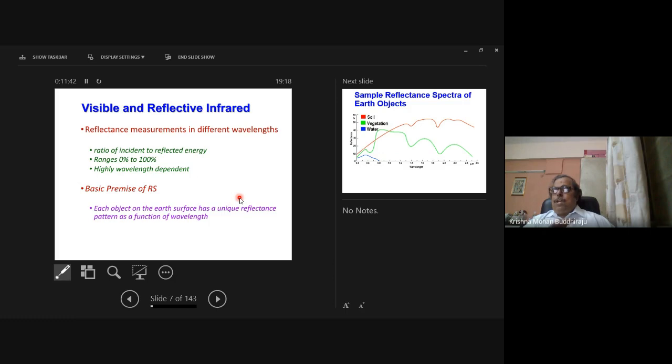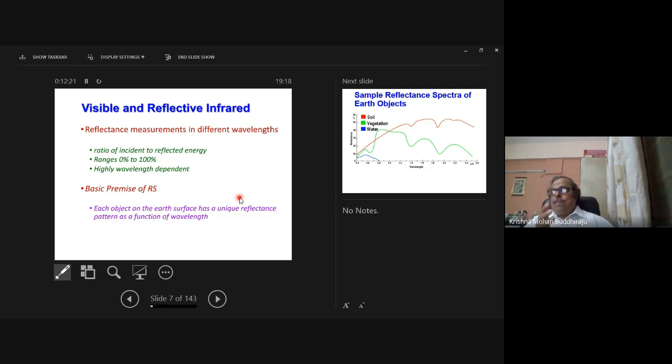Essentially, if we limit ourselves to remote sensing in a passive mode, that is, we don't have any source of energy packed with the sensor, but we use the natural source of electromagnetic radiation, the sun, the solar radiation incident on the Earth's surface gets reflected, and the reflectance itself is a function of the wavelength of observation.